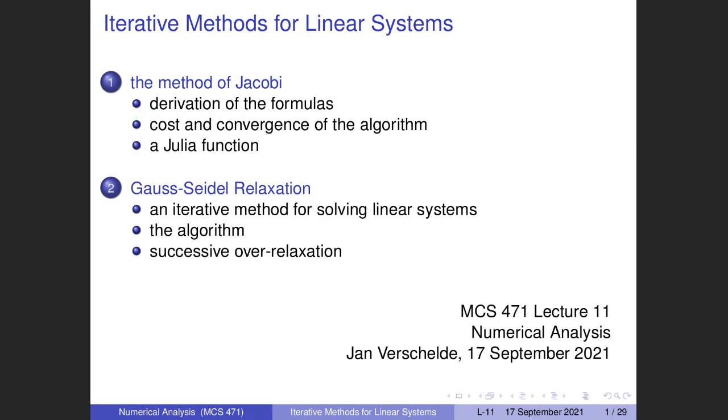So if things go well, we may end up with an algorithm that is converging well, and where the total cost is quadratic in the dimension. So that's kind of the global overview of this lecture.